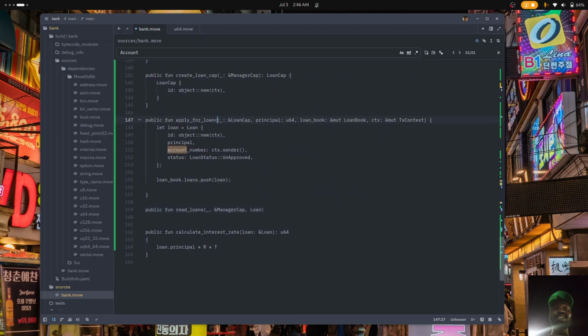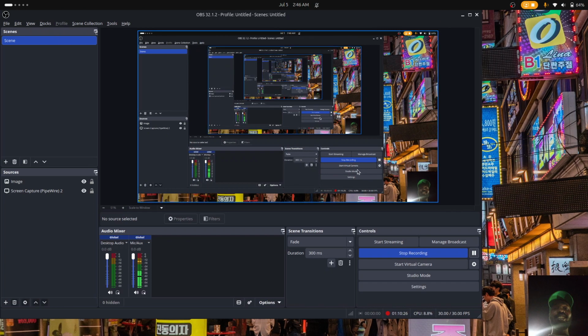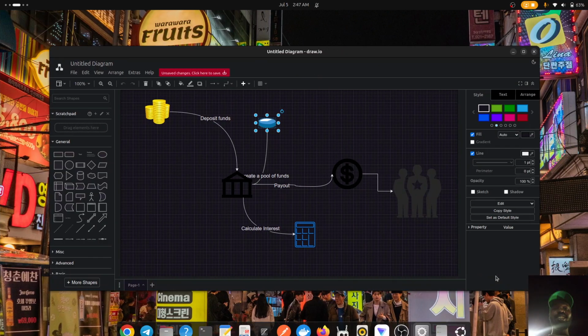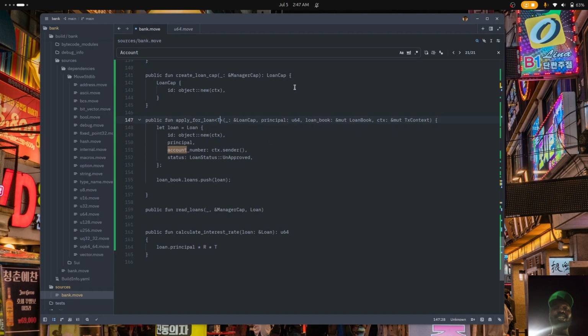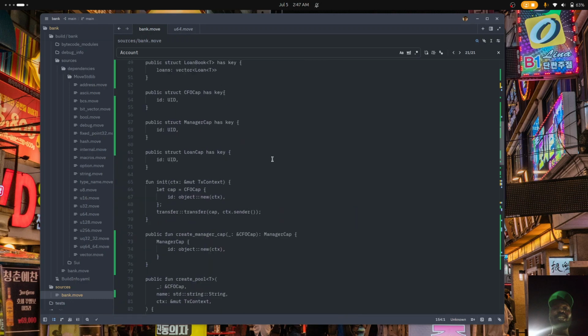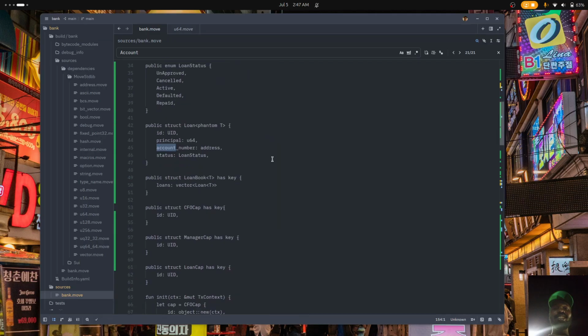So this, right. So look up loan book. Type. So type C. Type T. Sure.